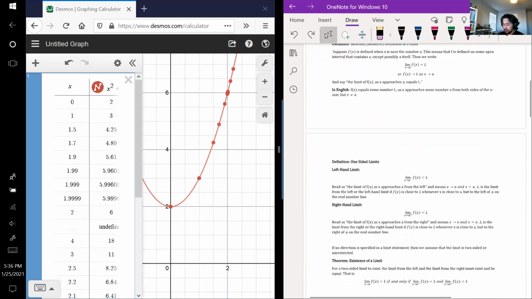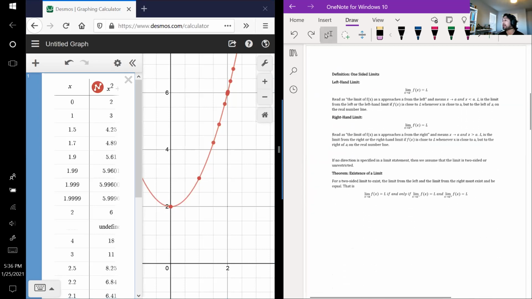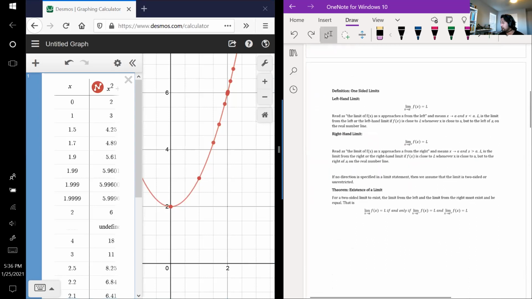Okay. This next page is nothing but definition. It's going over everything we just did on the last page. So first up is the left-hand limit. We already did a left-hand limit. So what does that mean? This notation is read as the limit of f of x as x approaches a from the left.